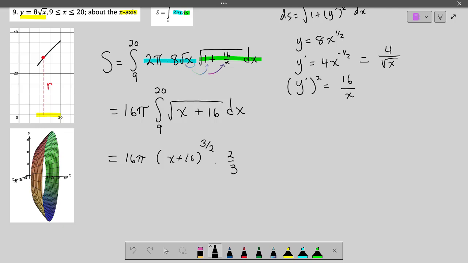The derivative of this is 1. So we don't have to do any reverse chain rule piece here. If there was a 4 right here, then we would have to divide by 4 also. But there isn't. The derivative of this is 1, so dividing by 1 doesn't do anything. And then this is going to go from 9 to 20.